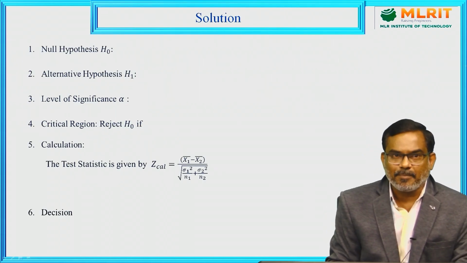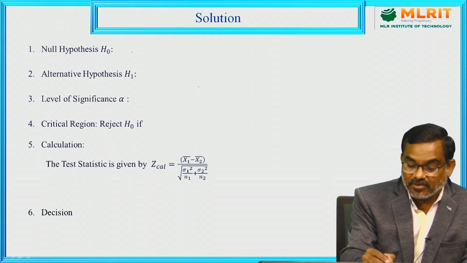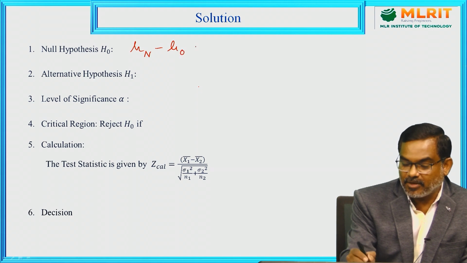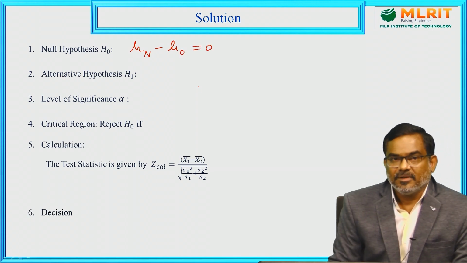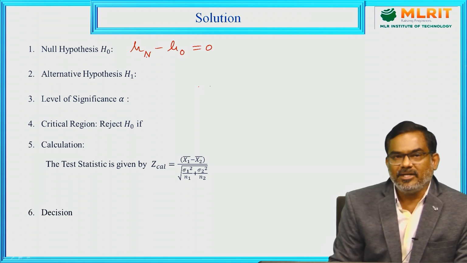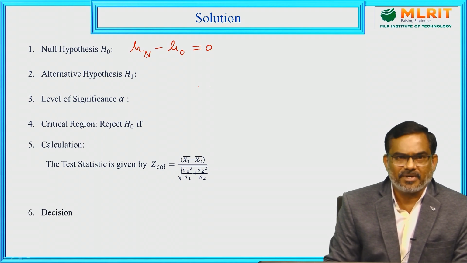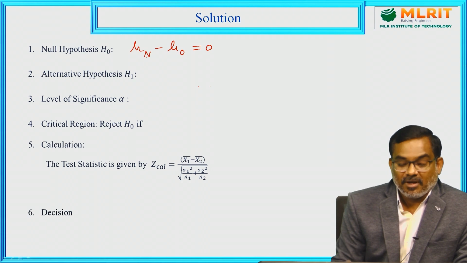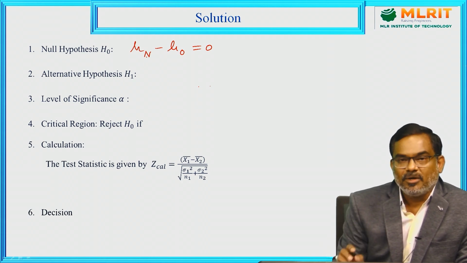First, the null hypothesis H naught: mu N minus mu O is equal to 0. This mu N denotes the mean kilograms of rice harvested using the new pesticide, and mu O denotes using the old pesticide.